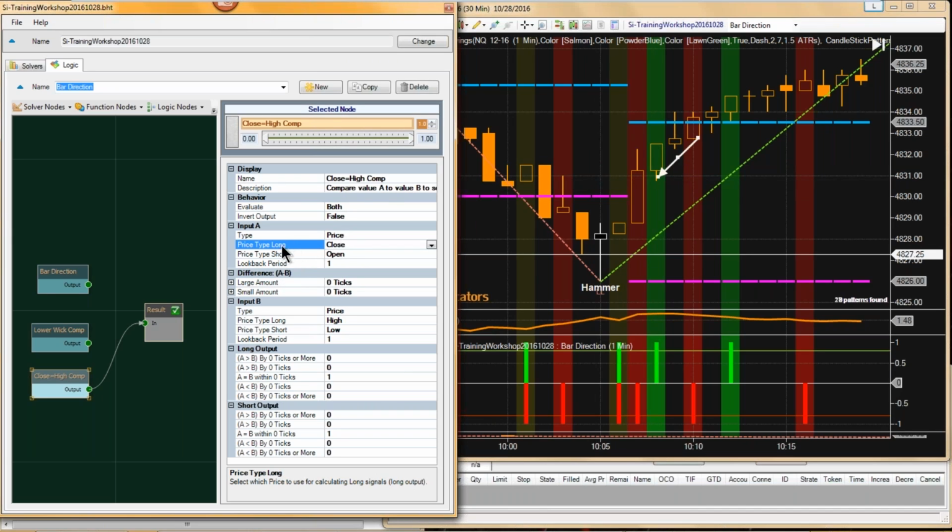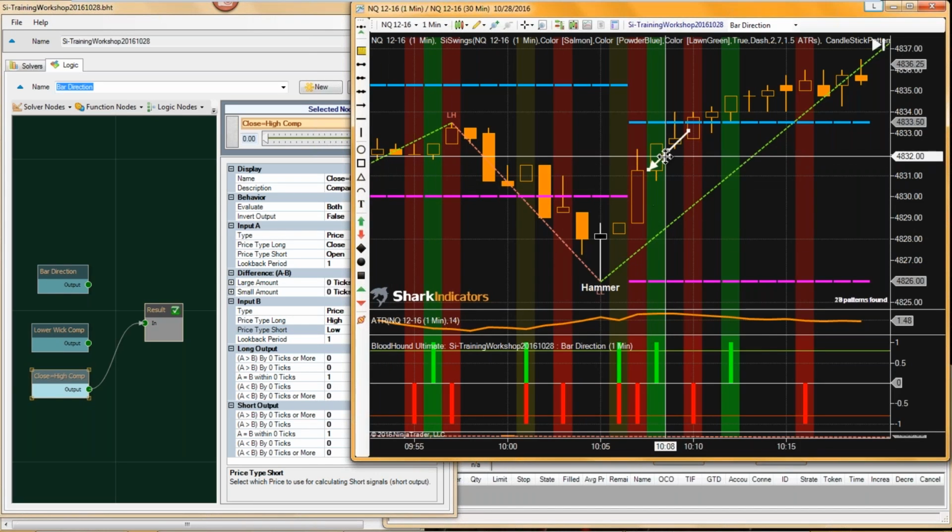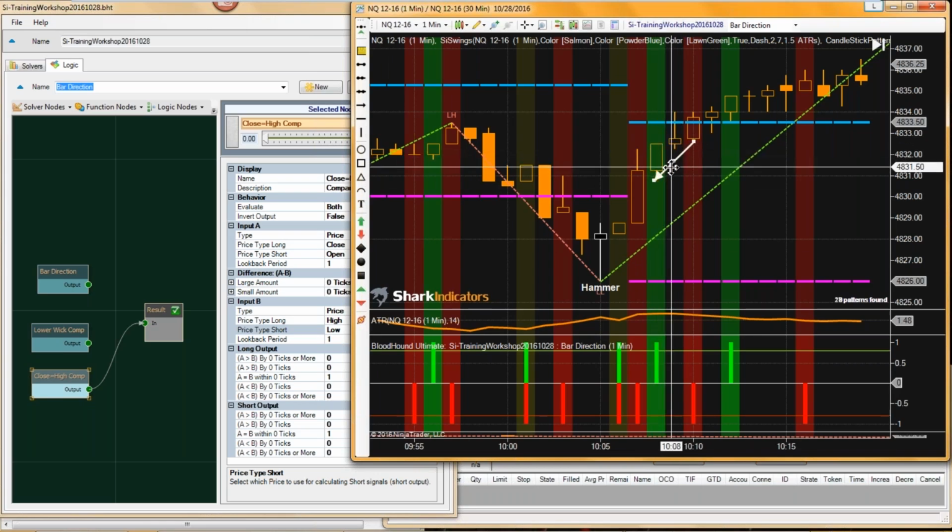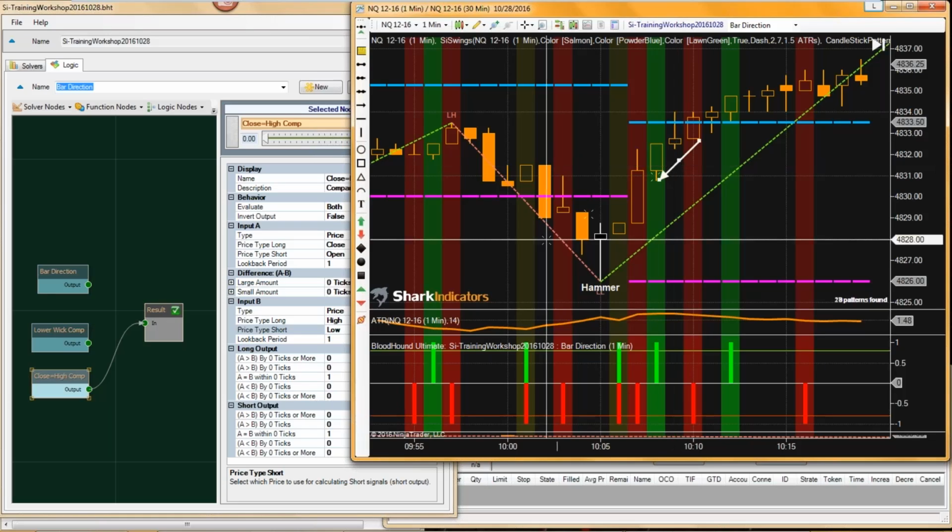For a long output, set that to the open price, and for a short output, set that to the closing price, and then also reverse these as well. For a long output, you want to set that to the low, and for a short output, you'd want to set that to the high. That would actually reverse these outputs here. But I'm guessing that this probably falls in line with what you're looking for.